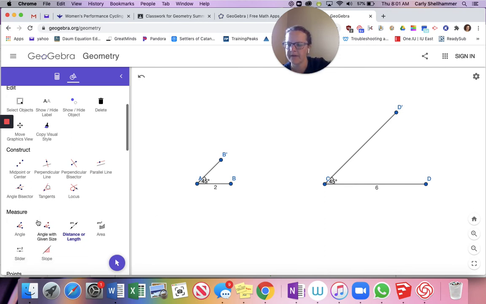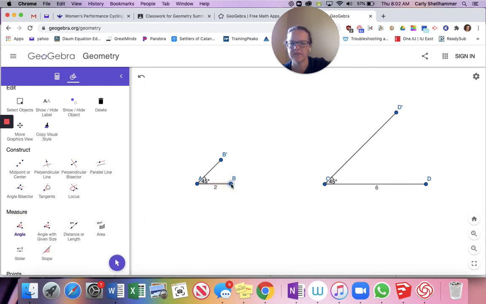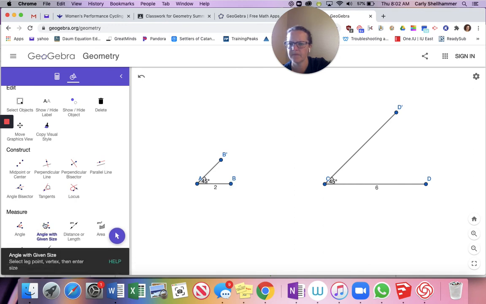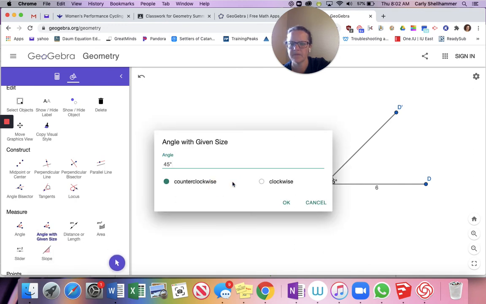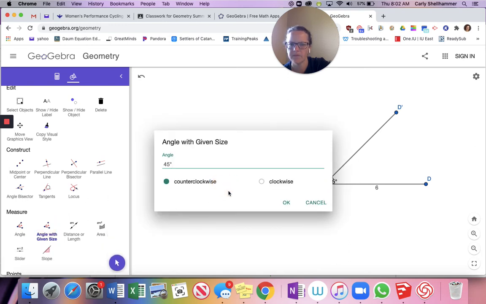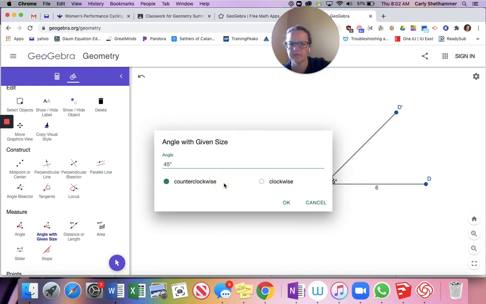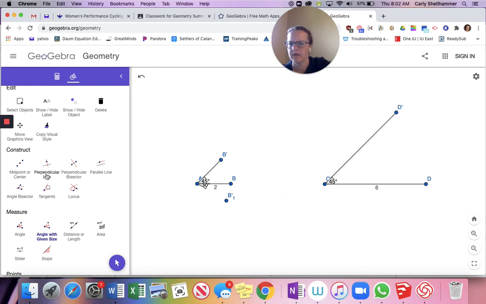Now let's do one more angle. We're going to do this angle as 30. And we want to go clockwise. I didn't think that would work.